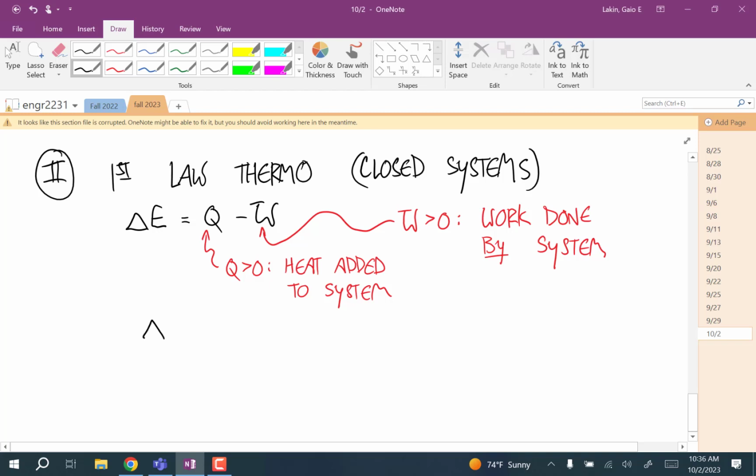And the definition of E is the change, or delta E, is the change in the kinetic energy plus the change in the potential energy plus the change in the internal energy. If a problem doesn't say anything about speed or anything about the height changing, it's reasonable to assume that we're only talking about internal energy. Okay?